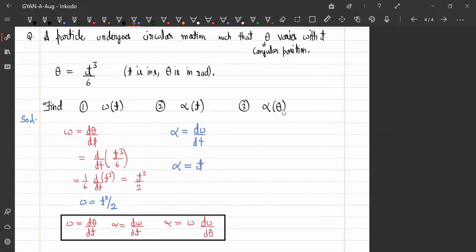Then what you can do? You already know alpha is a function of time and time as a function of theta. So time as a function of theta लिख सकते हैं. इसको 6 theta उधर ले गए, so this 6 theta to the power 1 by 3. So time is 6 theta to the power 1 by 3. So alpha is t, that is equal to 6 theta to the power 1 by 3. That is alpha as a function of theta.